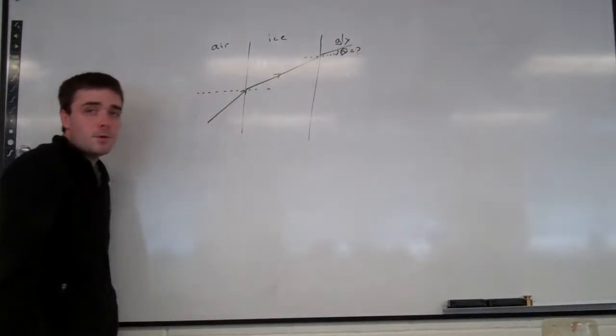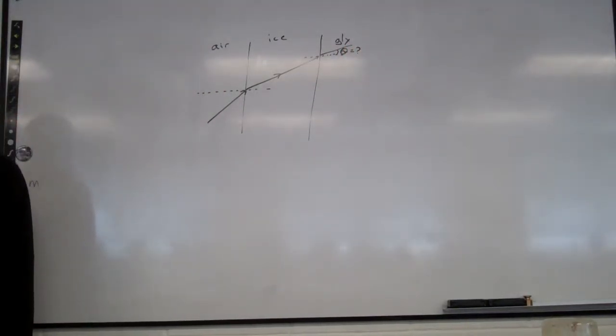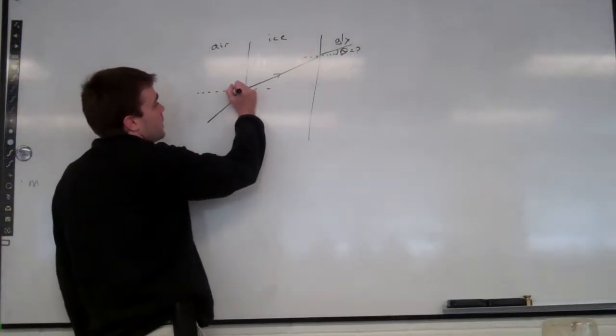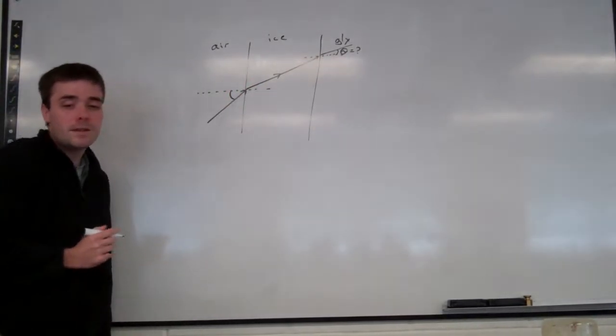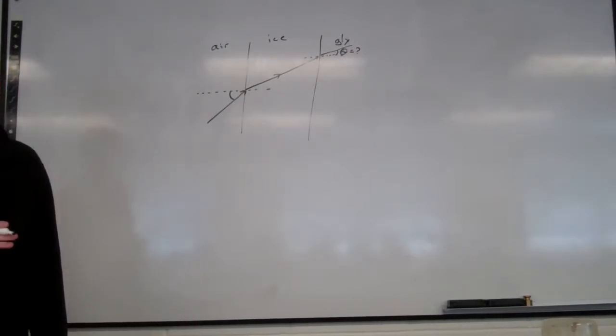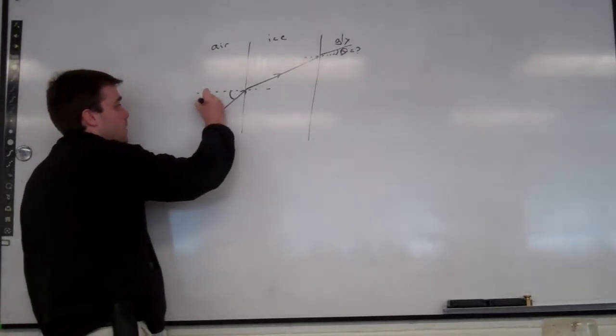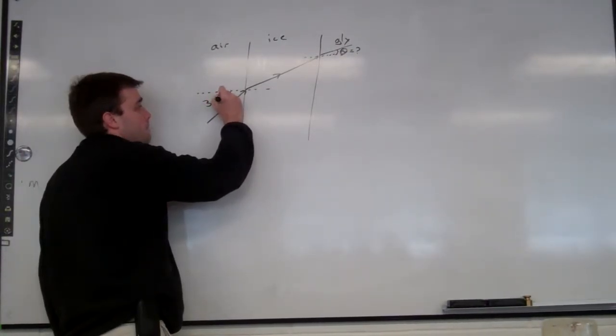Does that make sense to everybody? This angle right here is the angle it gives us, what's going into the ice at. And what's that angle? 38.9.